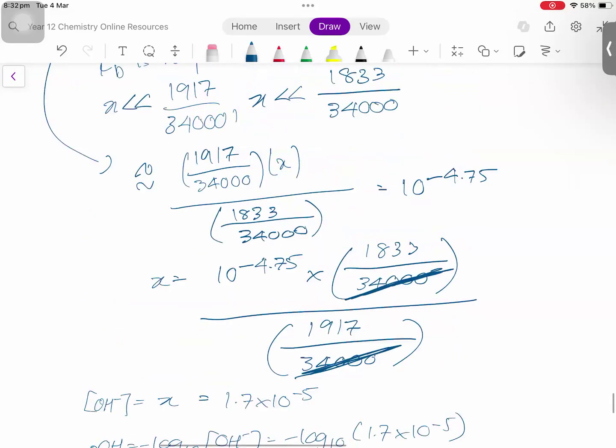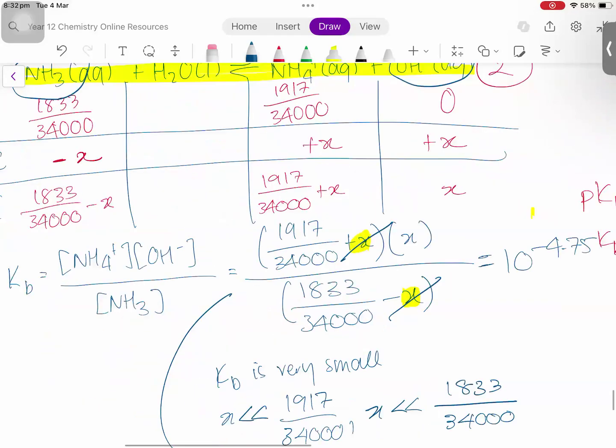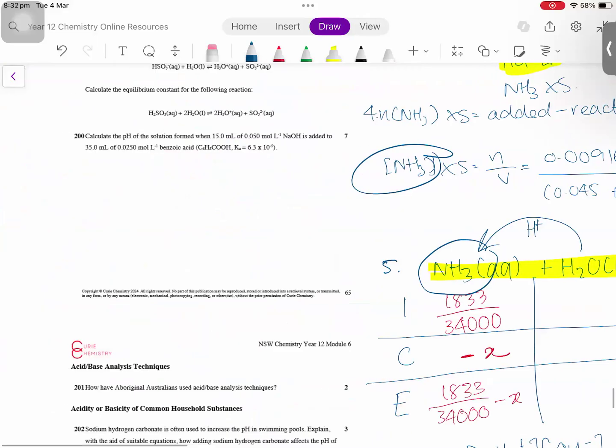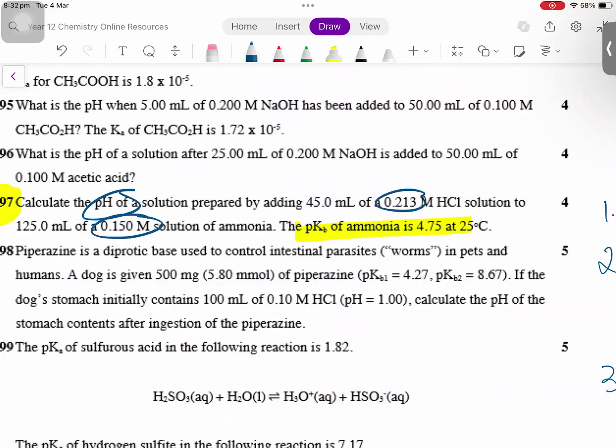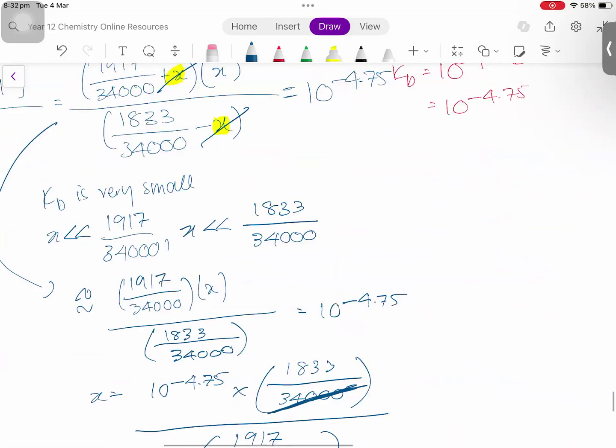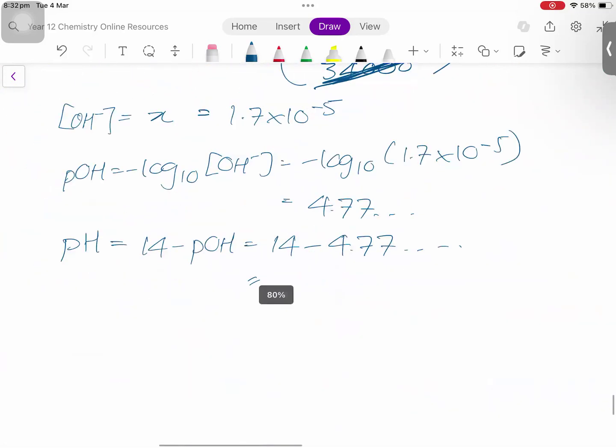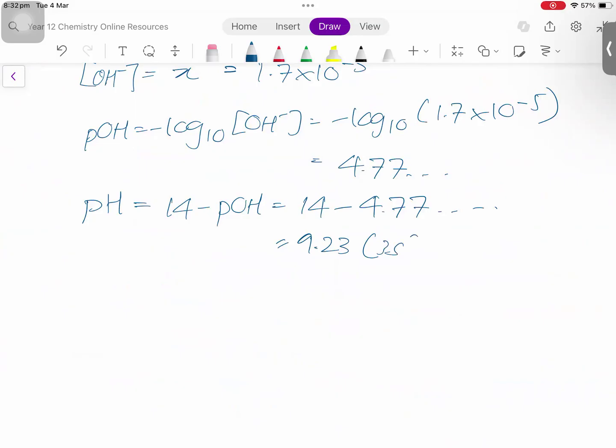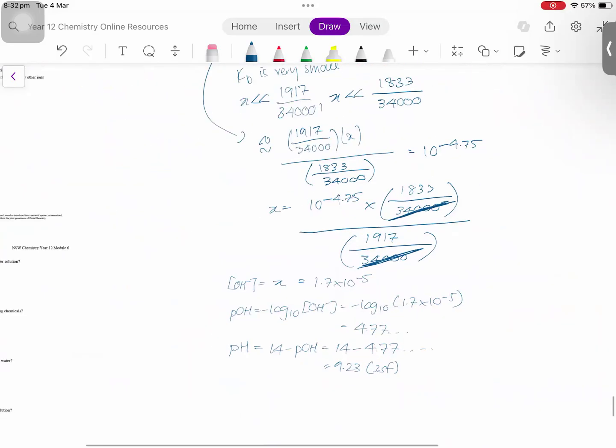And for this question, I'm rounding off to 3 sig figs. 9.23 to 3 sig figs, and pH is unitless.